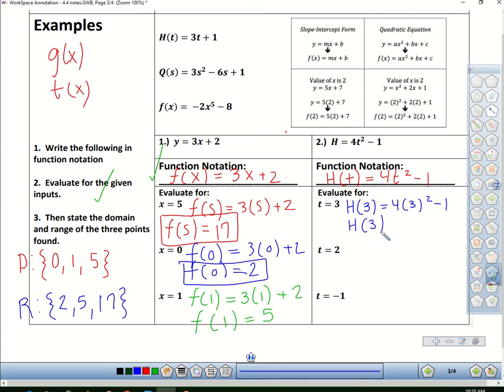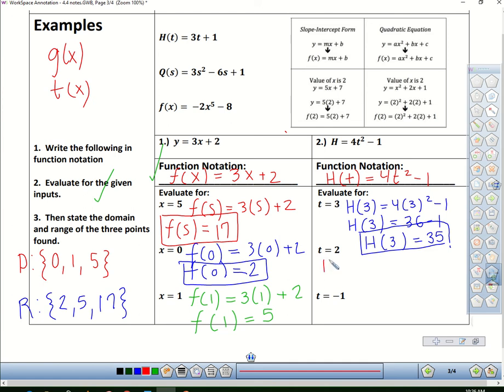What's 9 times 4? 36. So h of 3 is equal to 36 minus 1, which is 35, good.